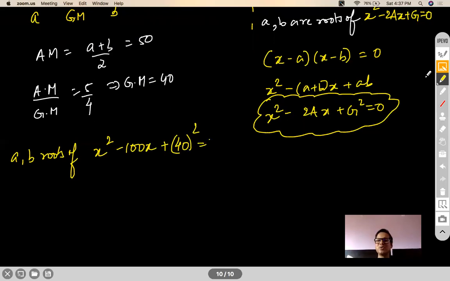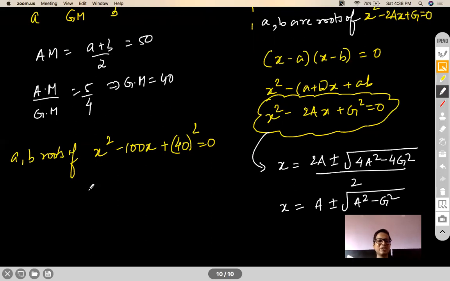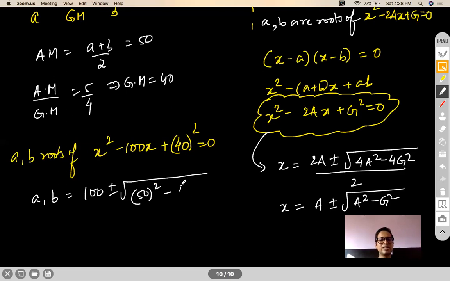Now, some people also find this result and keep it because it can be very useful sometimes. Minus b plus minus root of b square minus 4ac by 2a, which is nothing but A plus minus under root A square minus G square. So here also I can find out your roots as 50 plus minus under root of 50 square minus 40 square.